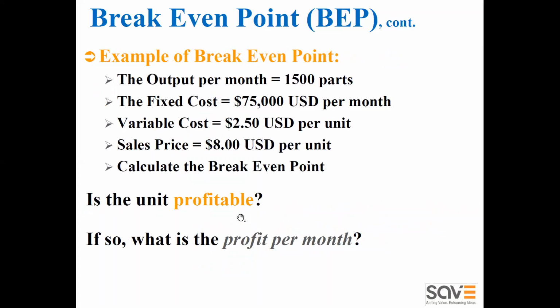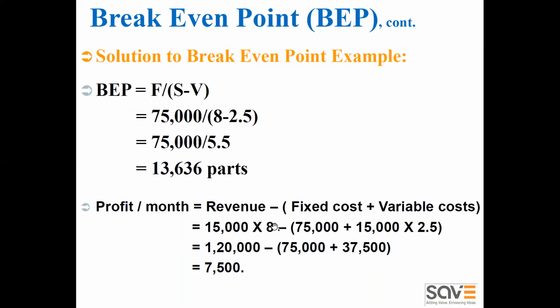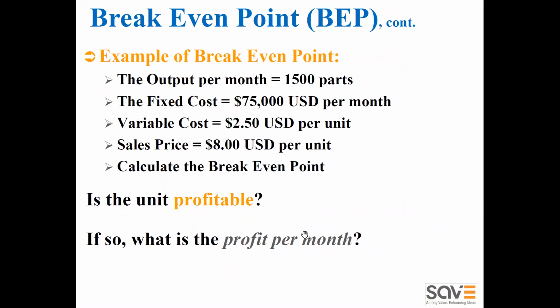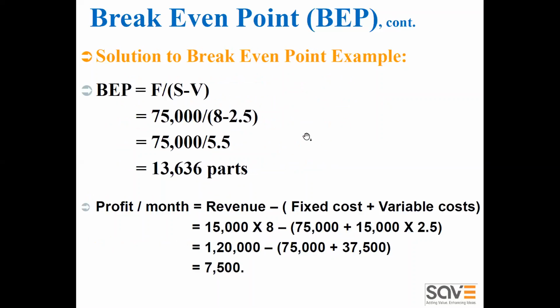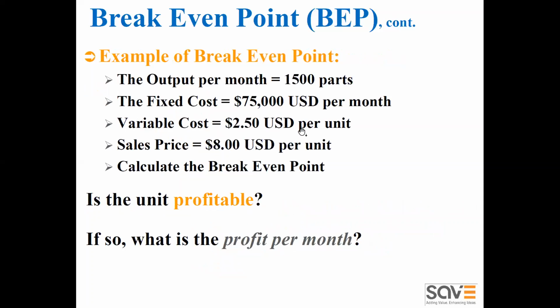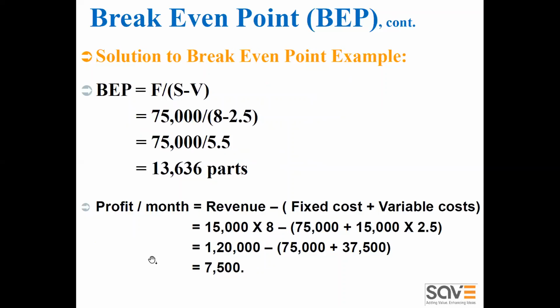So sales is 8 into 1,500. There is a typo error, 1,500, or I consider 15,000. Basically 15,000, that's a typo error. So this is the profit that they are going to get per month.